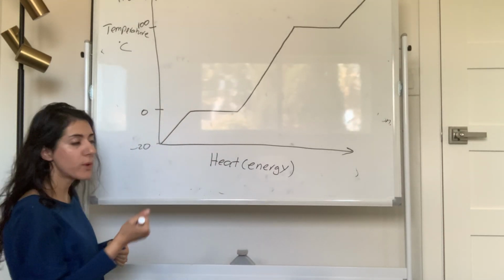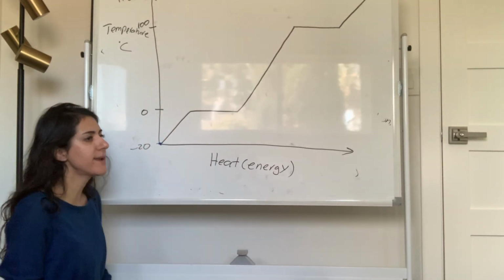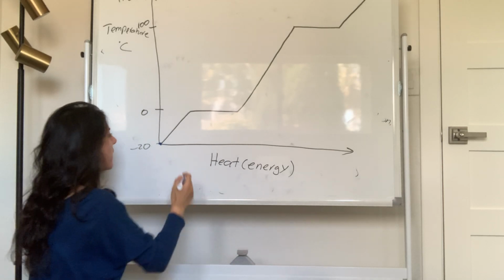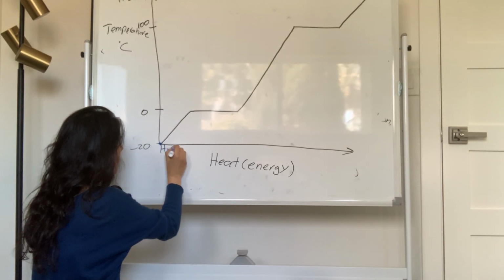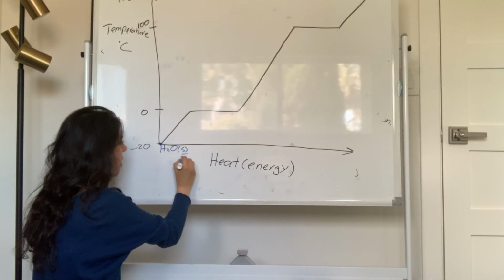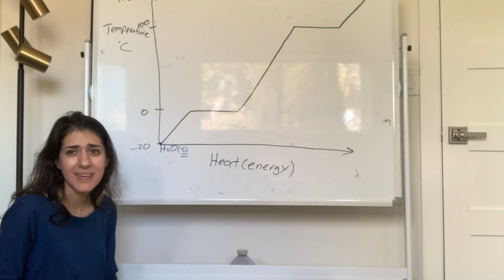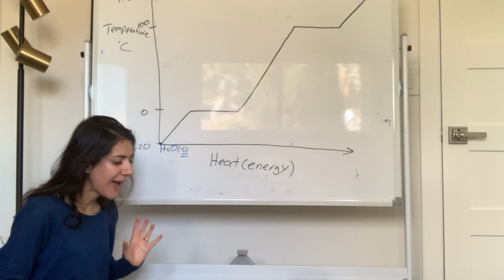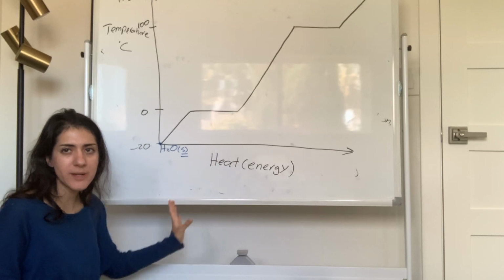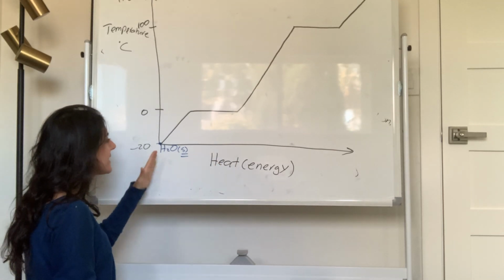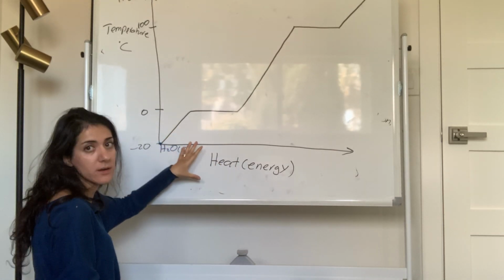For water, when I'm right here at minus 20 degrees, what is the phase of my water? I have water solid. Do you agree? I have ice at minus 20. I'm gonna add heat to the system. I'm gonna add heat to my water. You following me?